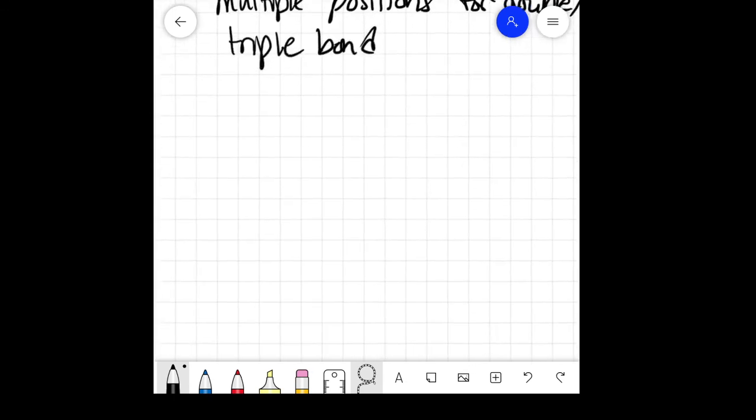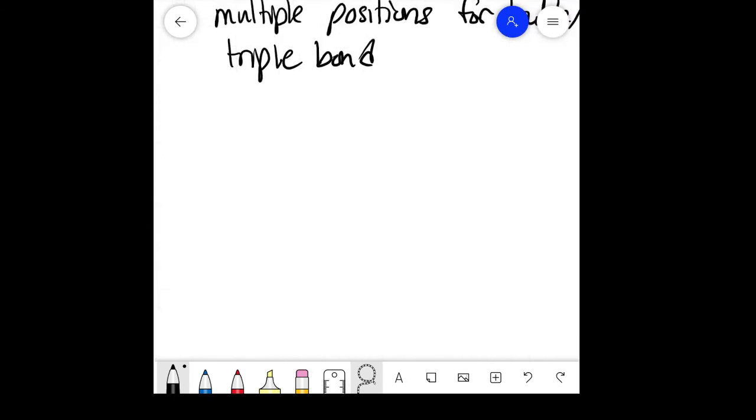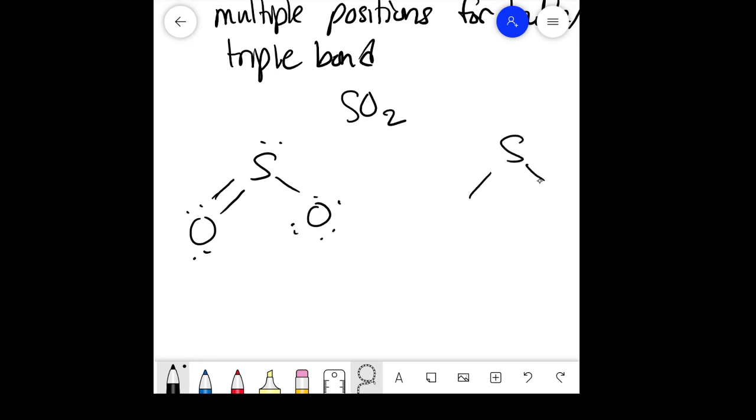So what you do with these, say we have SO2. So we know we have to have 3 bonds, but we only have 2 atoms. So the bond could either go there or it could go on the other side.